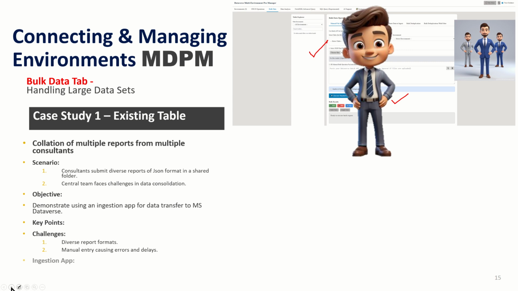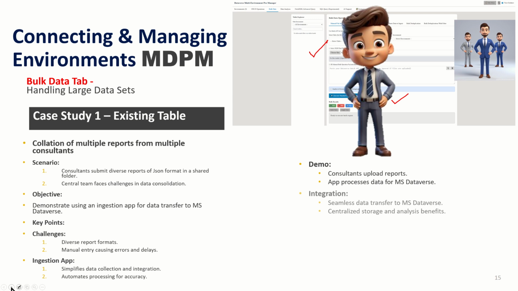I've also told you the challenges. I've showed you the ingestion. On the right hand side, as you can see here, I am going to be demoing the consultants where they've put in their reports. I'm just going to show you a shared folder where they've put in their reports, and from that shared folder I'm going to ingest it into our new application.